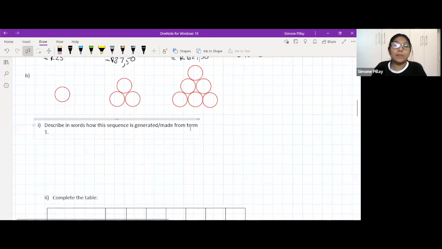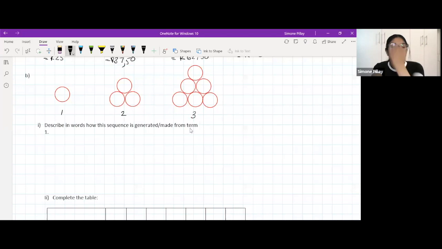Our next example, we're looking at a pattern. Immediately, I don't like patterns that don't have numbers, so I want patterns number 1, 2, and 3. My question is saying to describe in words how the sequence is generated or made from term 1.